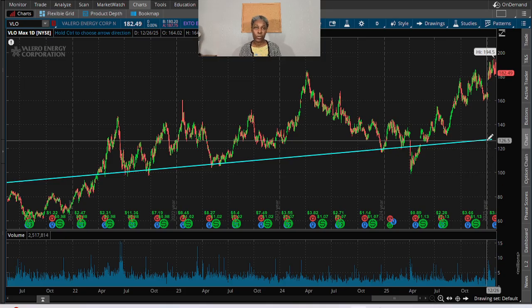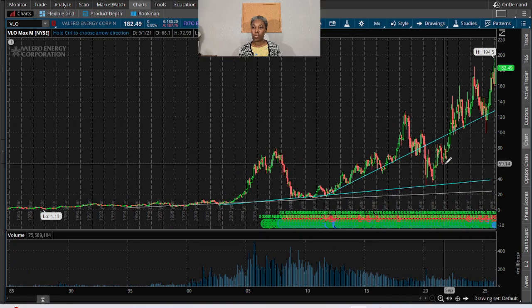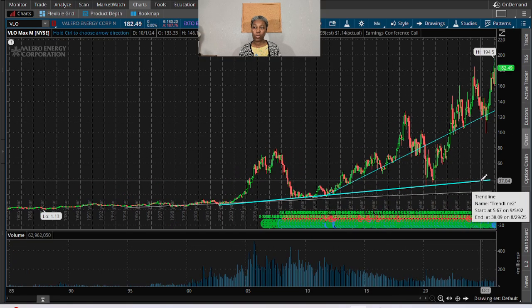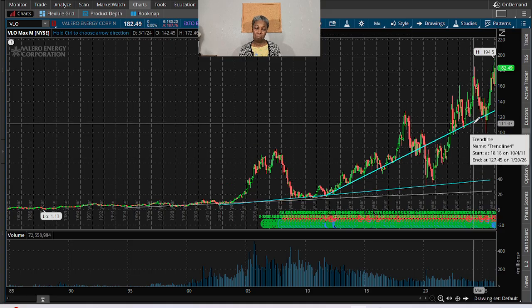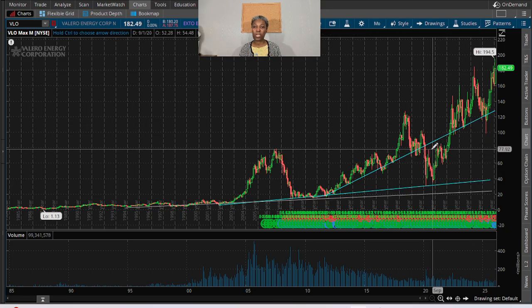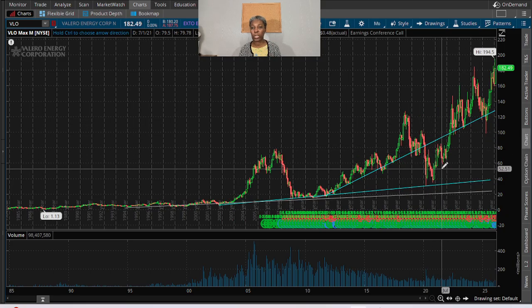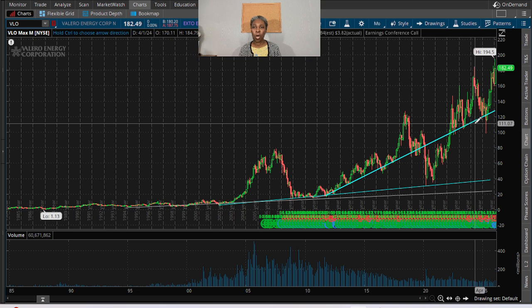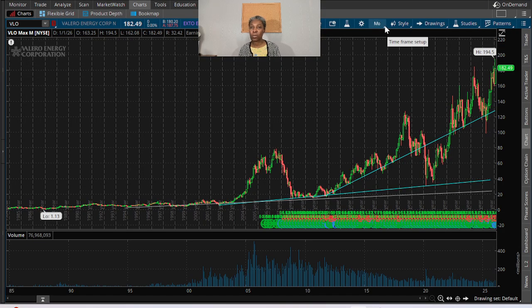Using my long option line swing trading strategy, I have two support lines that I trace to buy at. It may not come back to this. It could use this as the support line. In 2020 it went below it, so that's something to keep in mind as well. But I think it's going to be using this line more.